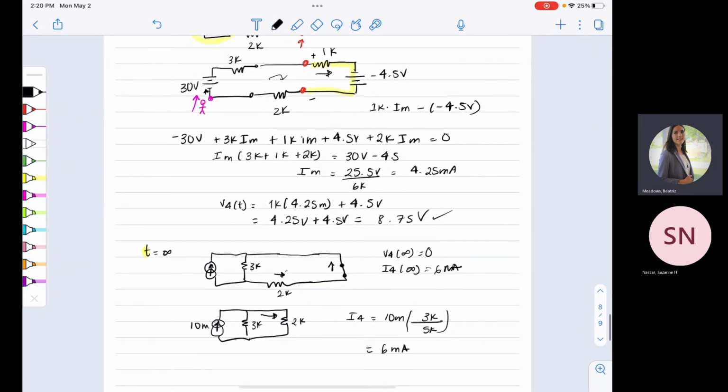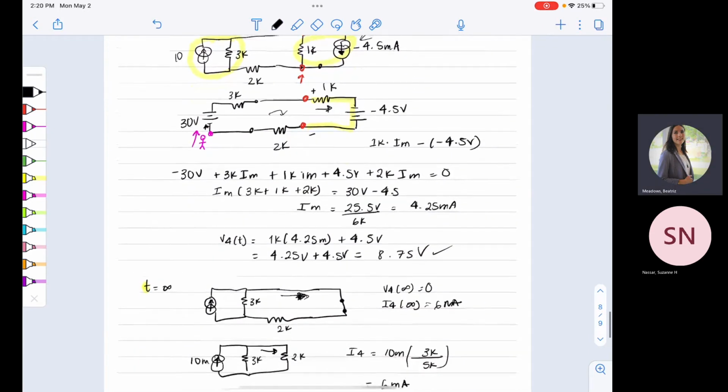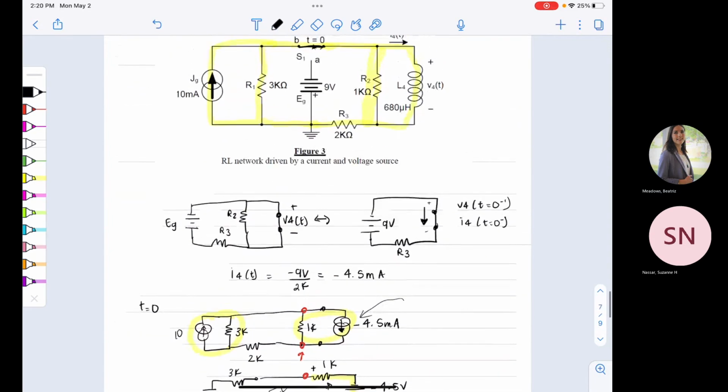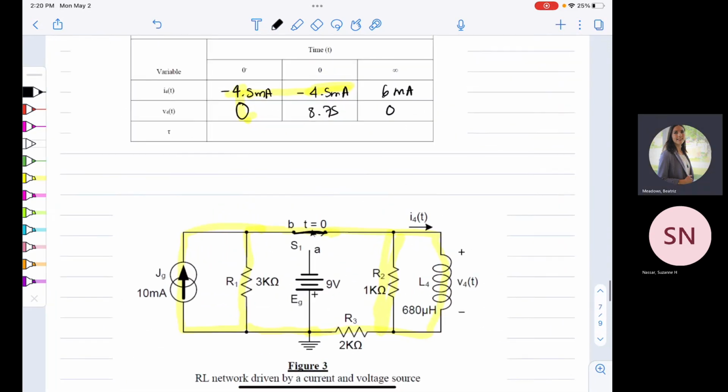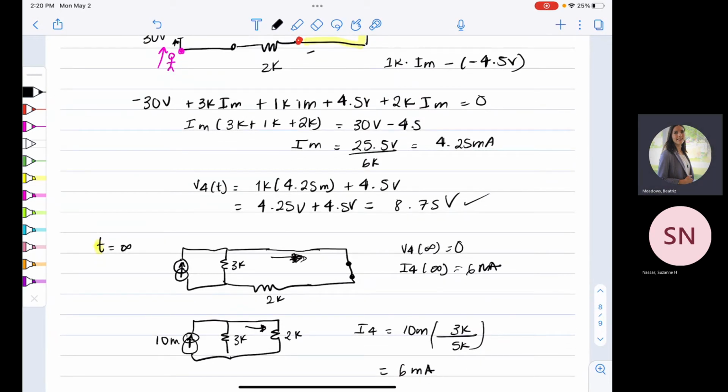Oh, sorry. It should be the current direction that I'm choosing is this. I think I've always chosen it like that. Yeah. And it was given here. So it is 6. But yeah, on this one I had it flipped, sorry. Okay.